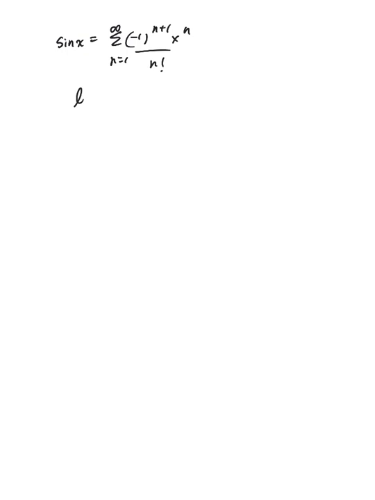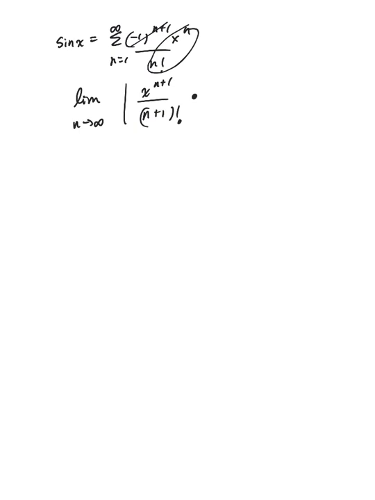We're going to get the limit as n goes to infinity of the following. Because it's absolute value, I don't need to use the sign when I do my limit. So I'm going to get x to the n plus 1 over n plus 1 factorial, and then I divide by this.